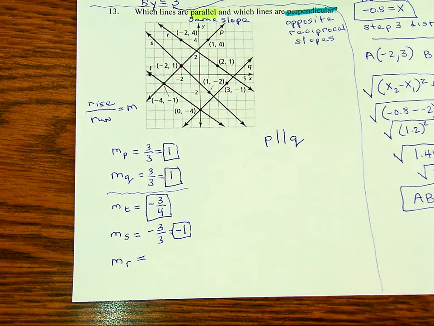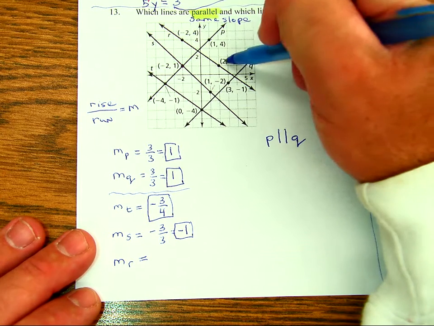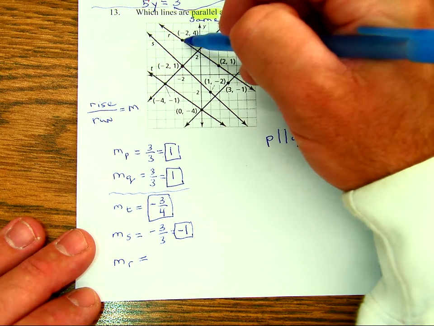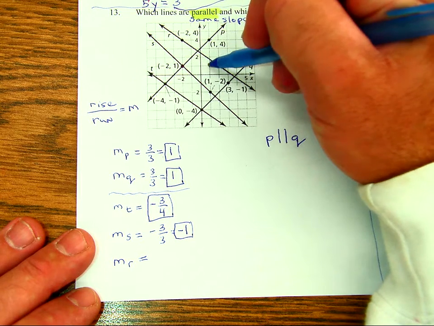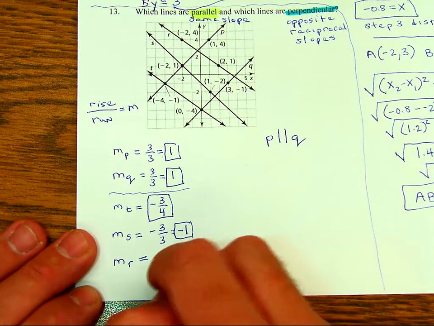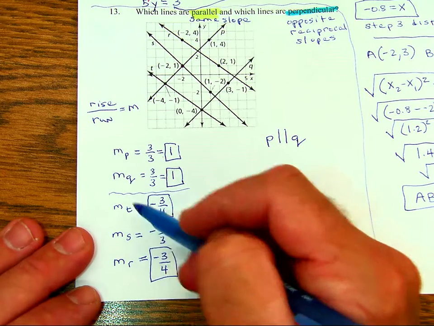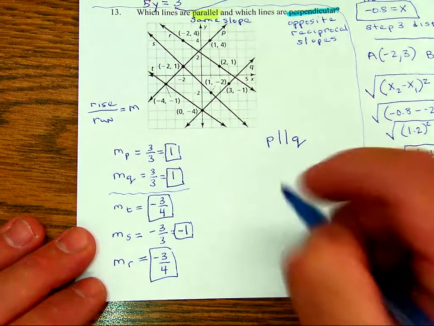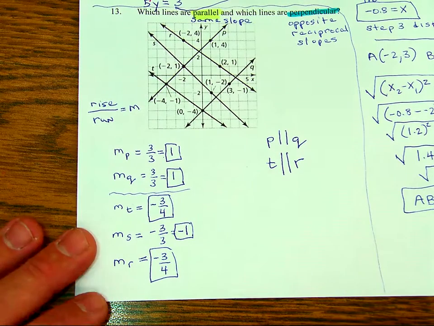Okay, and then for line R, if I start up here at negative 2, 4, try and get down here to 2, 1, I'm going to go down 1, 2, 3, right 1, 2, 3, 4. So down 3, right 4. Okay, you can see that line T and line R have the same slope. So lines with the same slope are parallel.